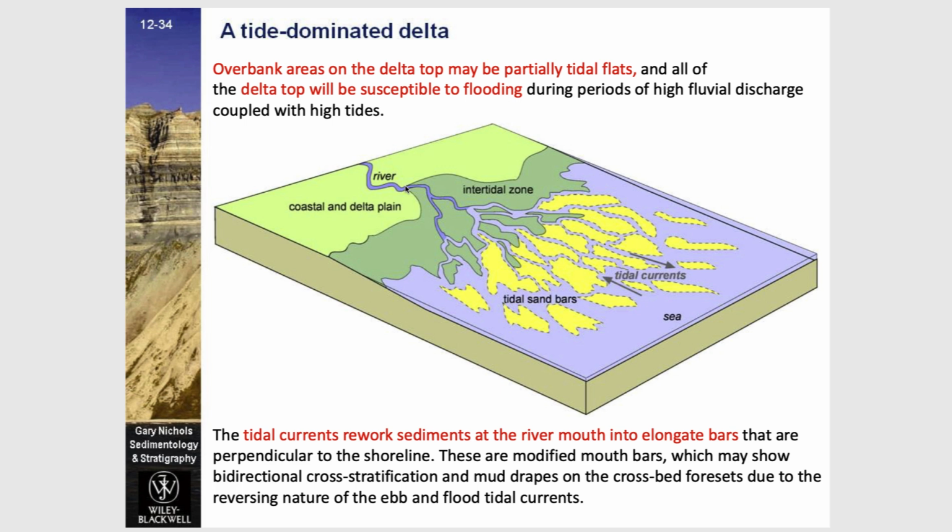We also find in these conditions the characteristic mud drapes, which are those features related with flaser bedding. So cross-bedded strata are often present with sandy material mixed with muddy material that form these drapes on top of the cross stratification.